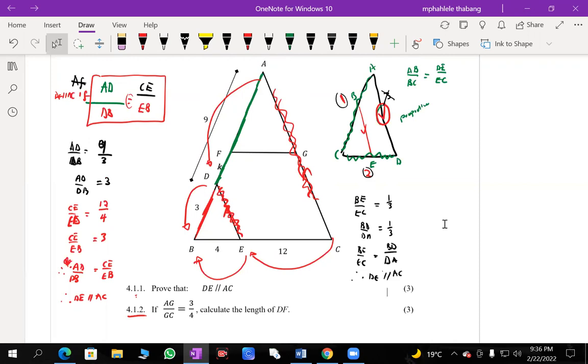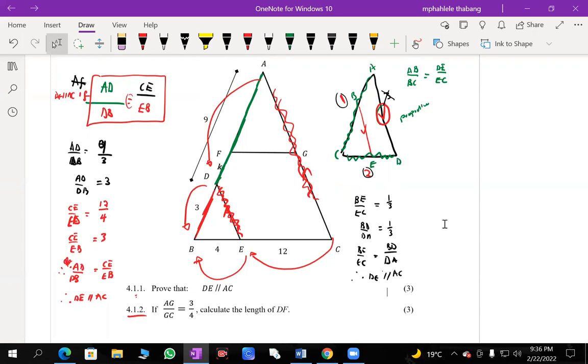If it was me, I would say if a line is drawn parallel to one side of a triangle, it divides the other sides in proportion. But we are talking one language. I just like when things are in full.